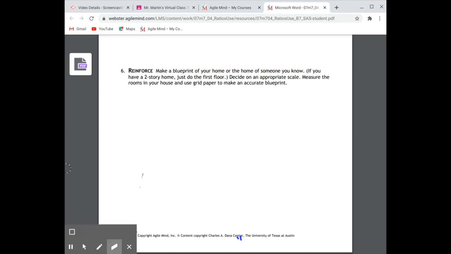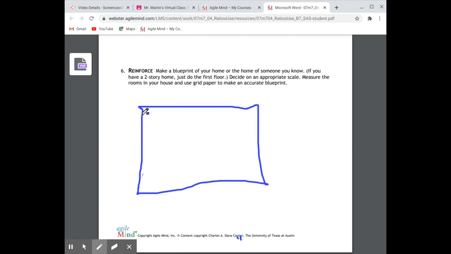I'm going to do it right here on number 6. So say this is my classroom. Just kind of wonky. But anyway, so this is 30 feet by 35 feet.